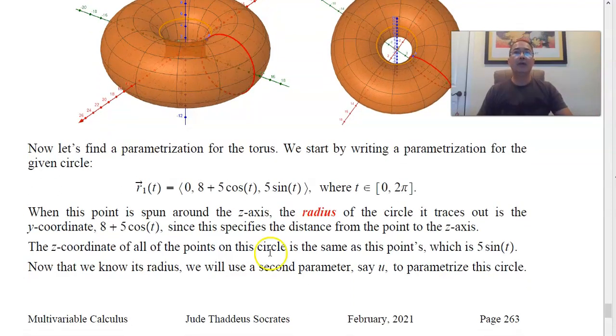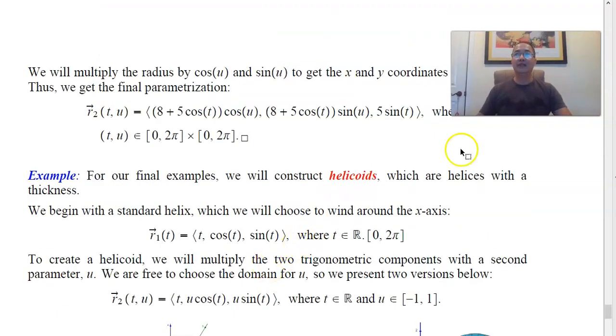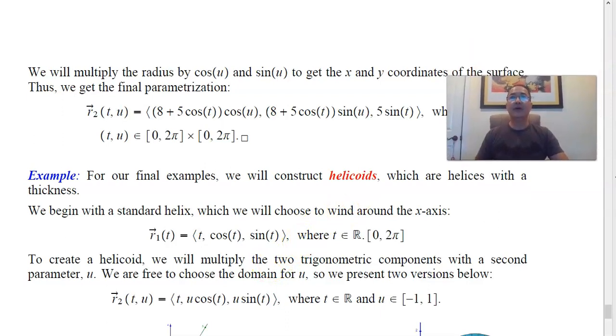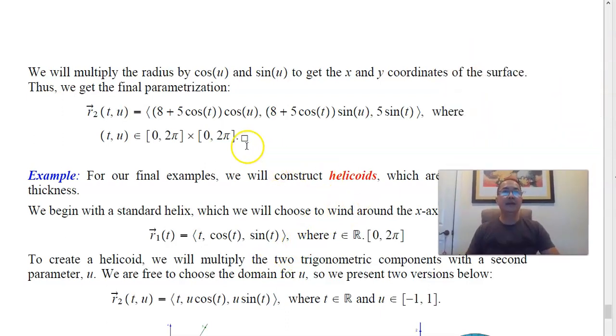Now we have a second parameter u, and that is what will generate the circle, again using cosine u, sine u. We can now put it all together. Here is the x-coordinate: r, the y-coordinate that we had before, times cosine u, and the y-coordinate with sine u.